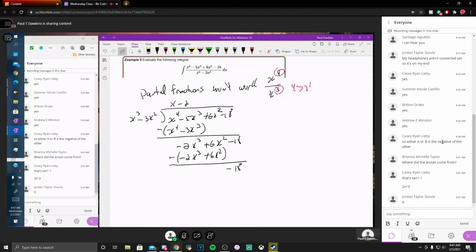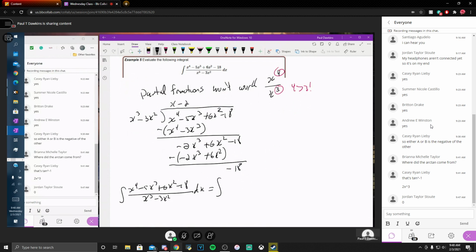Now, let's write this down. Start my integral, the original thing we had here, so x to the fourth minus 5x cubed plus 6x squared minus 18, all divided by x cubed minus 3x squared. Yep. Okay.